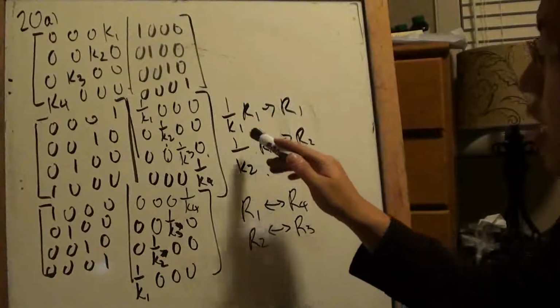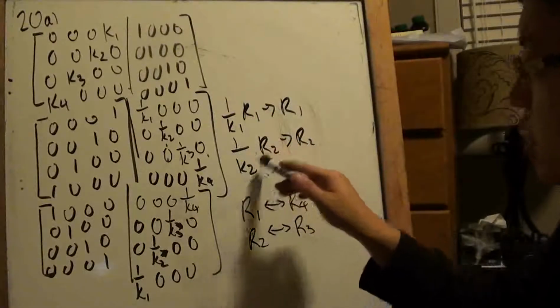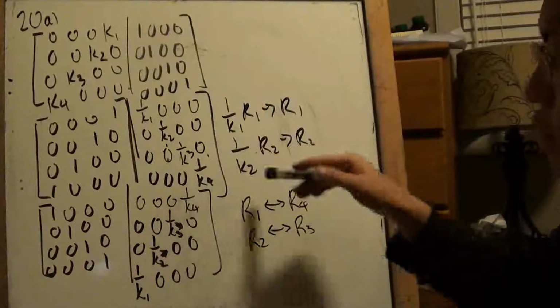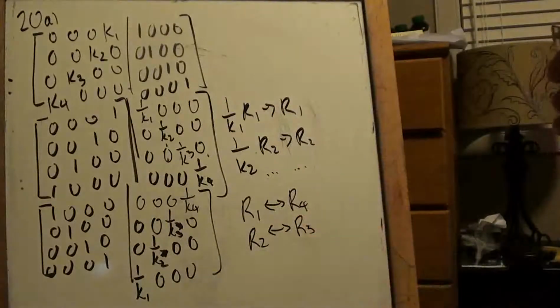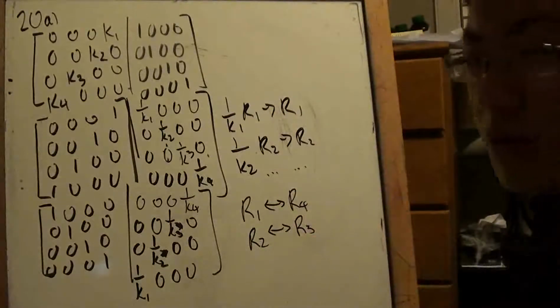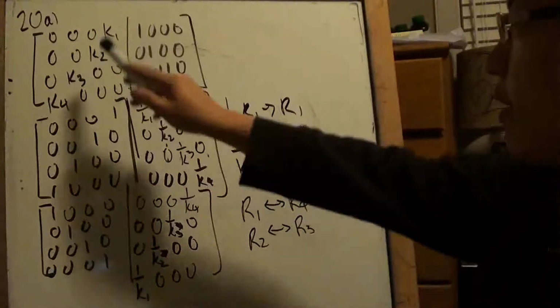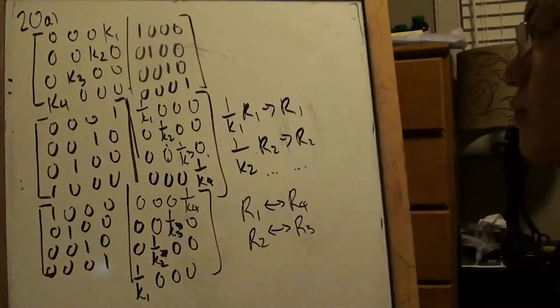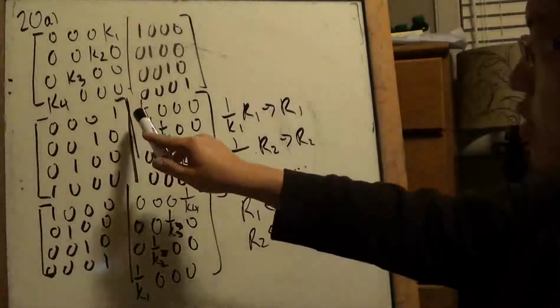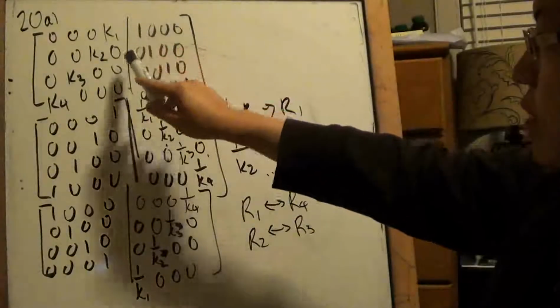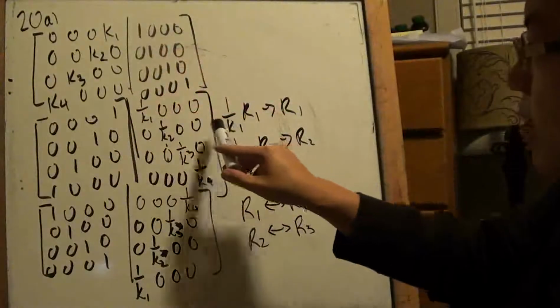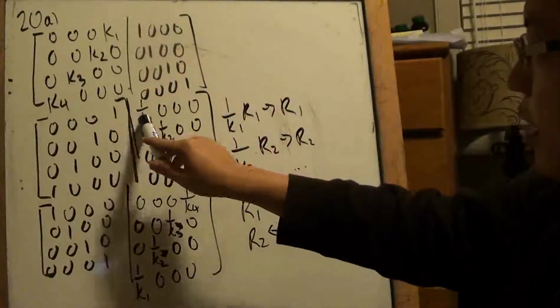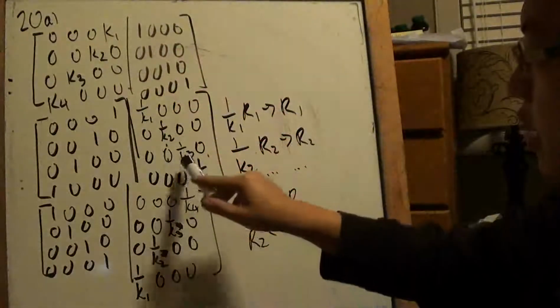Row 2 times 1 over k2 will give you the new row 2, and so on and so on, right? But do not put a generic k. That would have been nice, and that would have worked if they were all k's, but they're all different, unique unknowns, so can't do that. Nonetheless, you can do that, and then just make sure you do the same on this side, so divide by k1, k2, k3, k4.